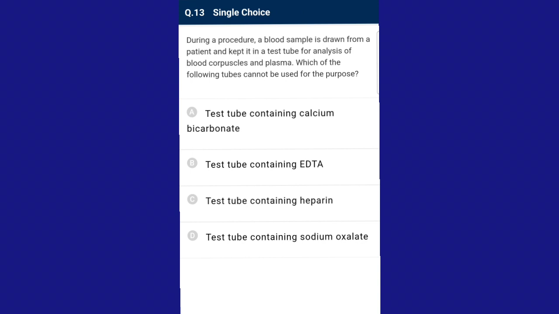So the answer for this question is option A. The presence of calcium, a blood clotting factor, will remove heparin, which is a blood anticoagulant, and thus will promote blood clotting, while test tubes containing sodium oxalate, EDTA, and heparin will not allow the blood to clot.